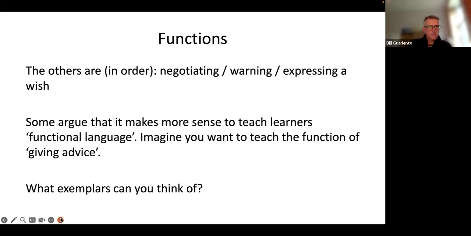So let's have a look. Let's have a think. Imagine you want to teach the function of giving advice. Giving advice. Can you think of exemplars for giving advice?